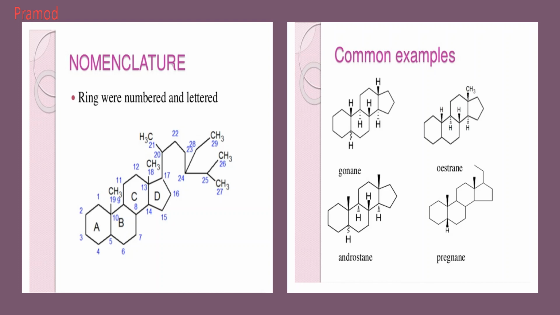Androstane contains methyl groups at the 10th and the 13th position, whereas there is no substitution at the 17th position. Whereas in case of pregnane, it is 21 carbon with methyl at the 10th and the 13th position. That is the basic backbones of your steroidal hormones.